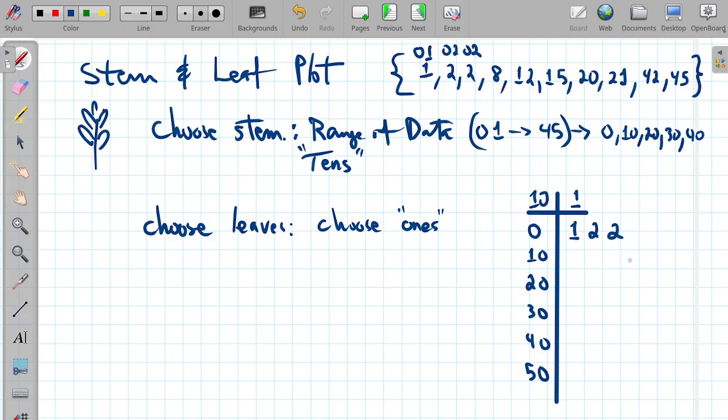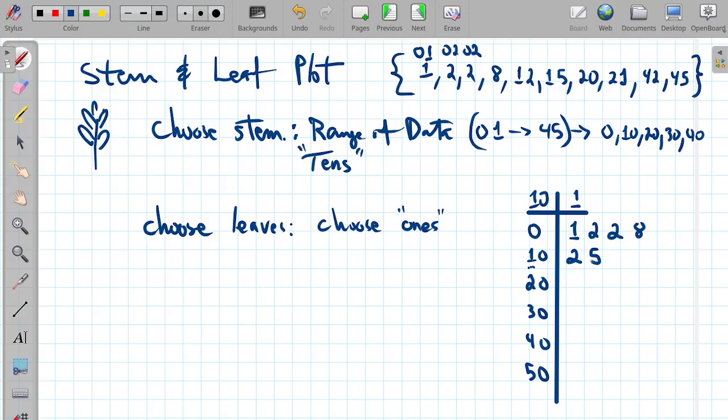So now I know that observation 2 and observation 3 are both 2's. And then we have the 8. Well, that's going to be over here as well. Now we're into 1, 2, the number 12. So that means this is just a 2. The 1 is already here, so we put the 2 there. And then we're going to have a 5, and there's no more numbers that start with a 1.